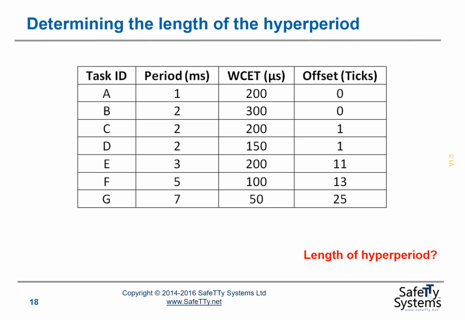Here's another example, the same example we looked at before. We calculated what the tick interval was for this. You may like to think about this and work out what you think the hyperperiod should be.